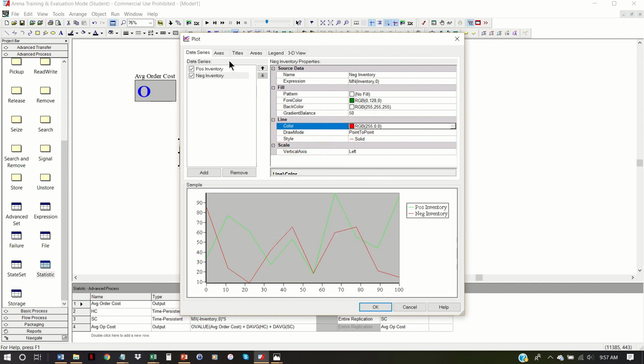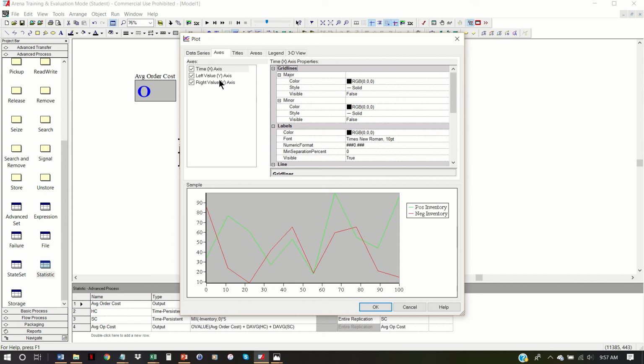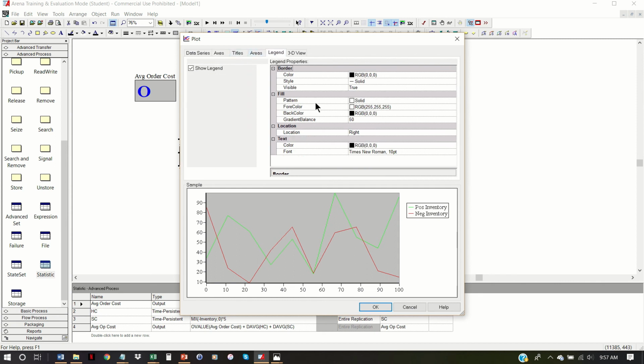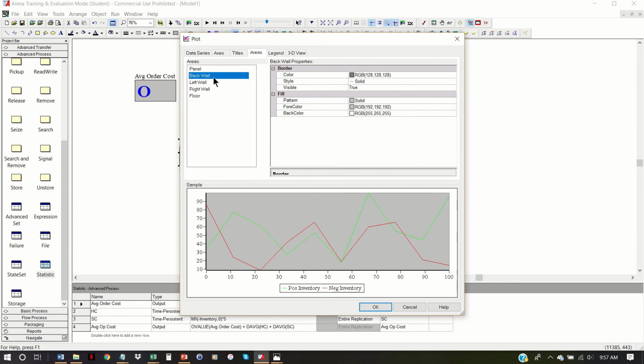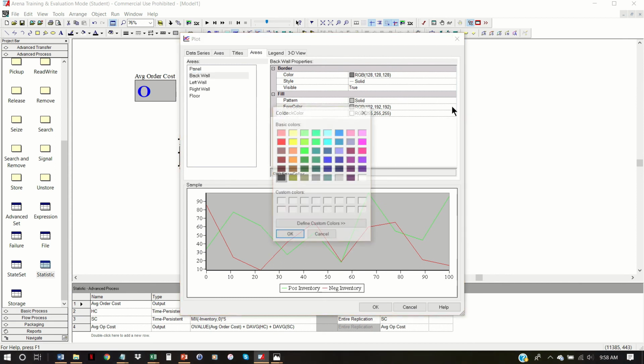Okay. And then we can go through and format a few other things. I'm going to say that I would like my legend on the bottom. It just takes up less space that way, so I can see my graph more clearly. I feel like this background is a little dark, so I'm just going to make the back wall a little bit lighter.